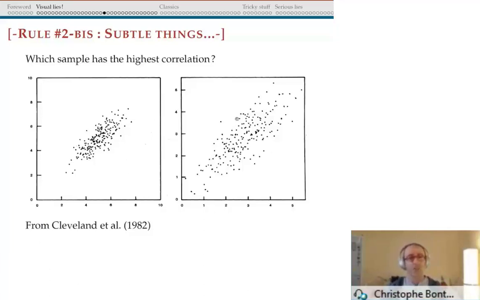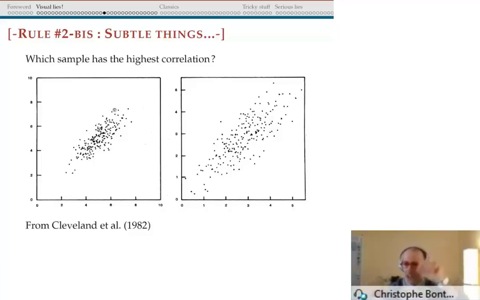Actually, it's maybe interesting for you to know that you responded exactly the same as the people in the Cleveland and McGill paper in 1982. The people were thinking the highest correlation was on the left. So let's move to the third rule.